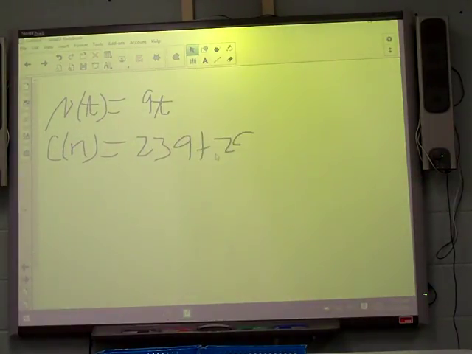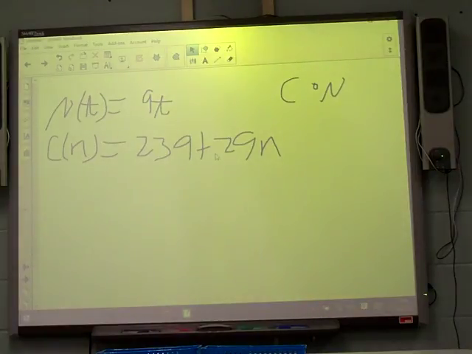And it says that one is the cost of producing n units. It's important to know what each of those equations stands for. It tells you that in the problem. The T obviously has to do with time, and the lowercase n obviously has to do with the number of them that you're producing. Okay, it tells us to find C of N of T.